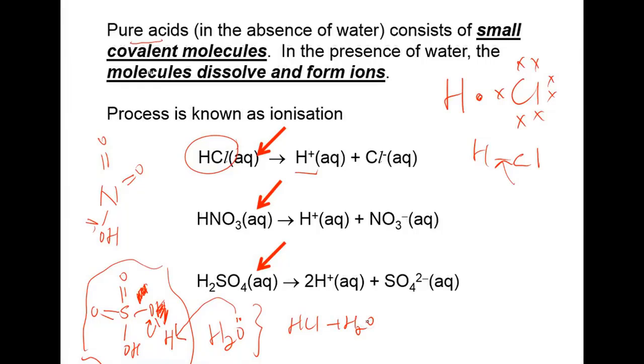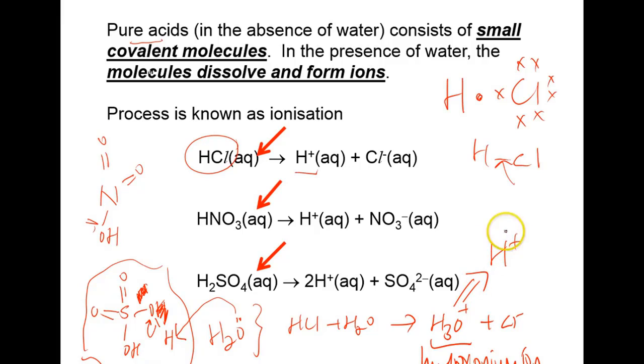It is formed from the reaction of water with the acid. It gives us H3O+ and Cl-. This is called the hydronium ion. But for O level, we simplify this into the H+ ion. So H+ is sufficient for O levels.